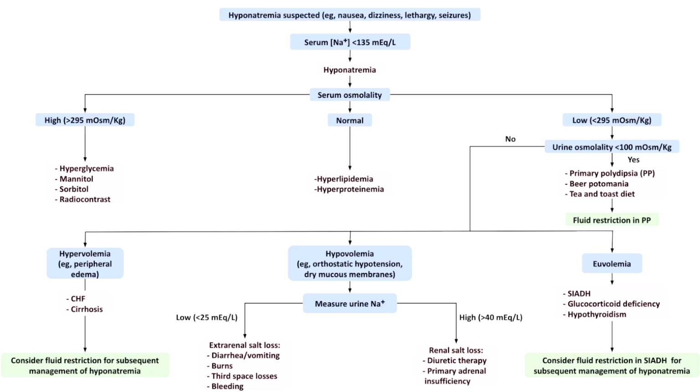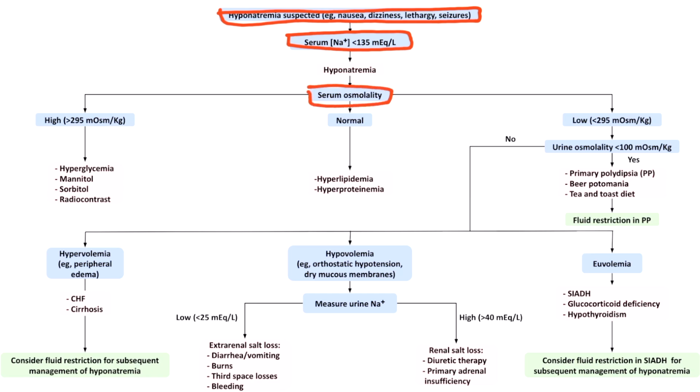Before we move on to the diagnostic findings in SIADH, let's take a look at the algorithm of hyponatremia from our lecture on sodium disturbances. When a patient presents with symptoms or signs of hyponatremia and a low serum sodium is confirmed, meaning that the serum sodium is less than 135 milliequivalents per liter, one approach is to measure the serum osmolality. If the serum osmolality is low, we move on to measuring the urine osmolality.